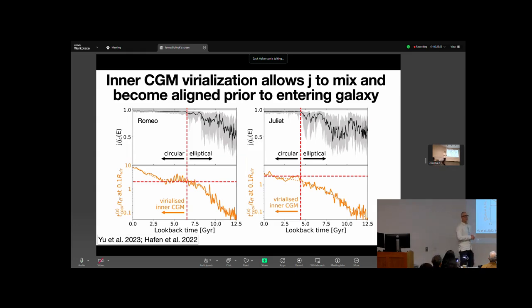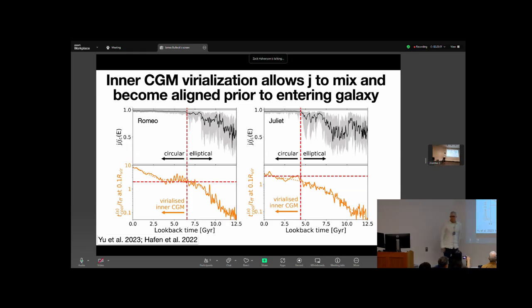So that gives the gas time to become coherent and mix prior to joining the disk. So basically when the gas joins the disk, it's very well aligned already, and it just lands in the disk on circular orbits, and it allows this very thin disk to develop. Also, there's this hot pressurized circumgalactic medium around it, and that also helps stabilize the burstiness.